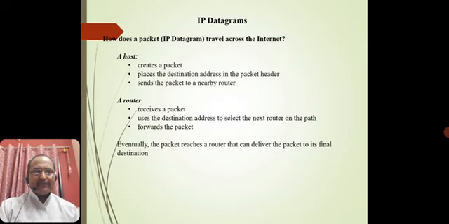Please note that it creates data packets and places the destination address in the packet header, meaning where you are trying to send a particular data packet, and it sends the packet to a nearby router. Easily it can identify where you are planning to send it, right? So your source is addressed, your destination is addressed.